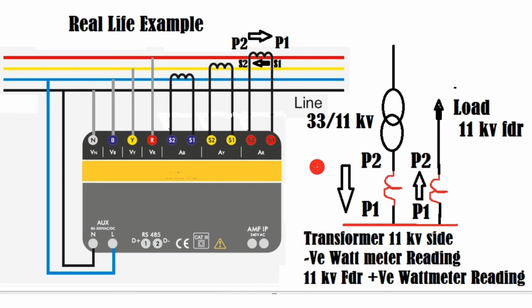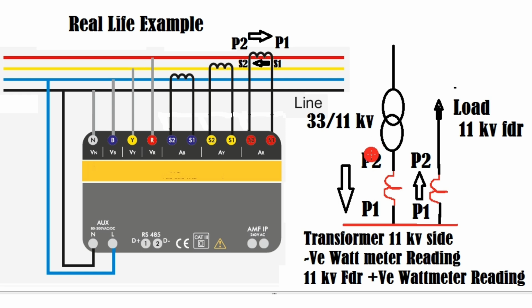Now let us take a simple example. A 33 by 11 kV transformer is connected to the 11 kV bus, and from the 11 kV bus, one 11 kV feeder is connected. The CT positions for the 11 kV side of the transformer and the 11 kV feeder have been shown. For the feeder, P1 is connected towards the bus side and P2 towards the load side, and for the transformer, P2 is connected towards the transformer side.